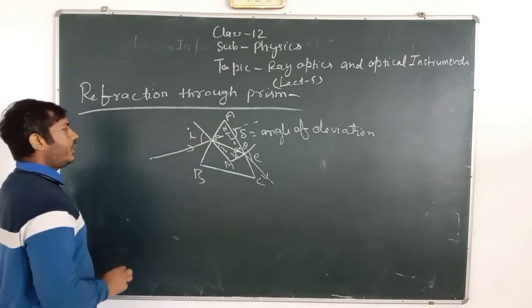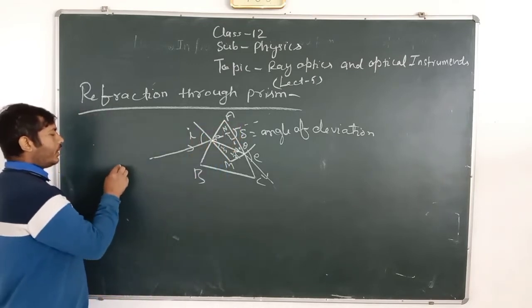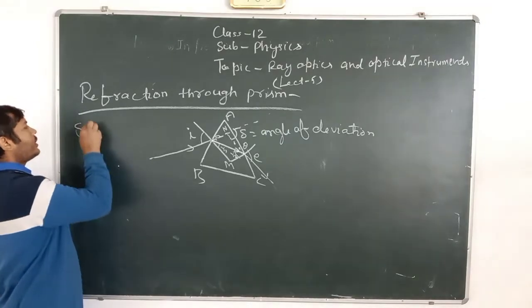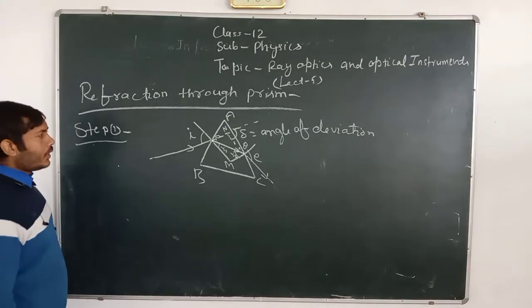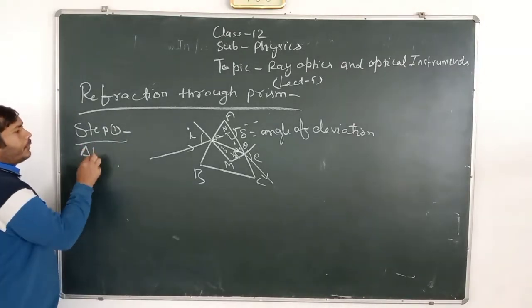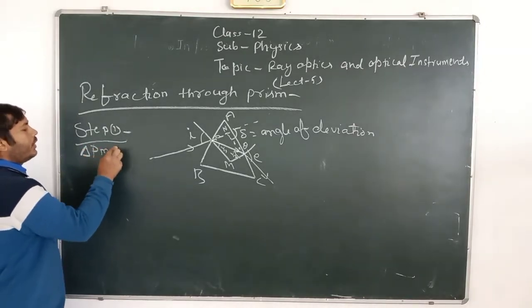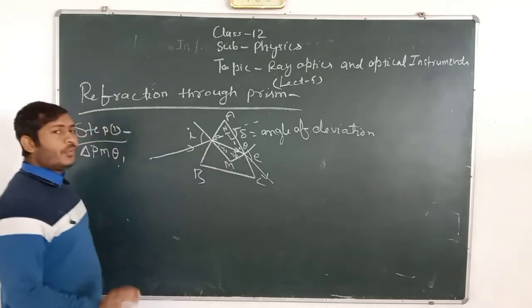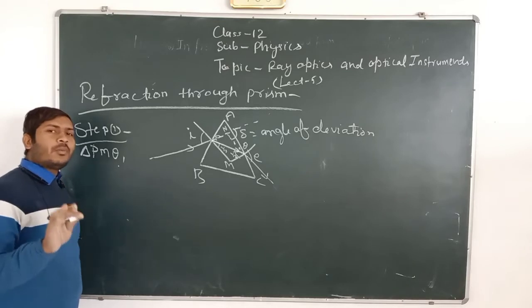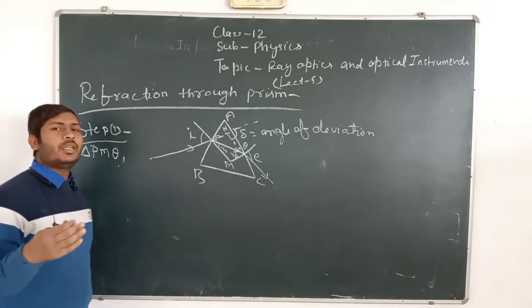I am taking a triangle, step 1. I am taking triangle P, M and Q. Triangle P, M and Q. We know that the sum of angles of a triangle is 180 degree.